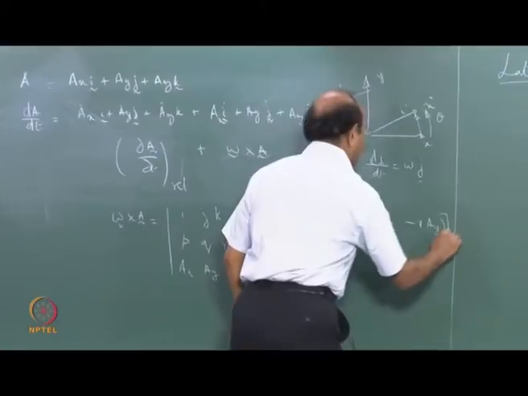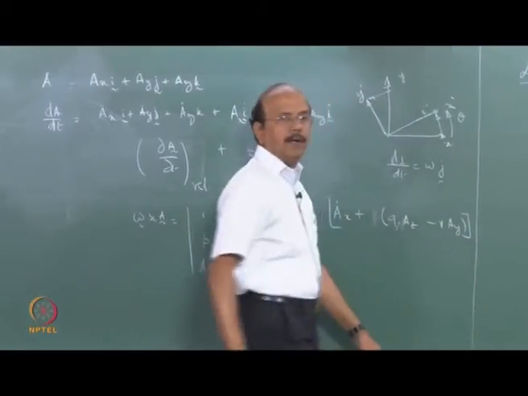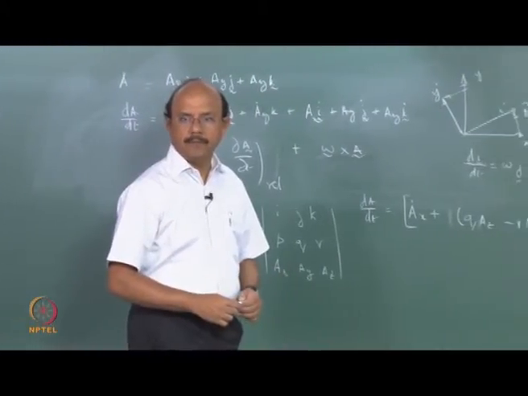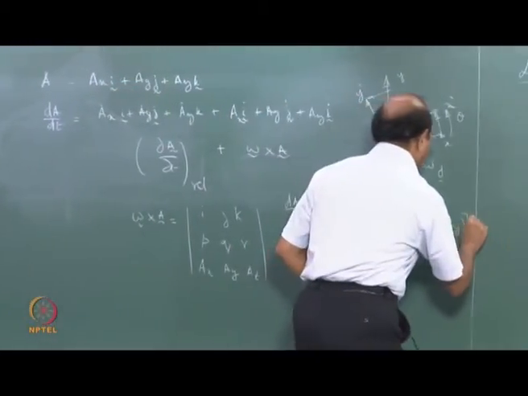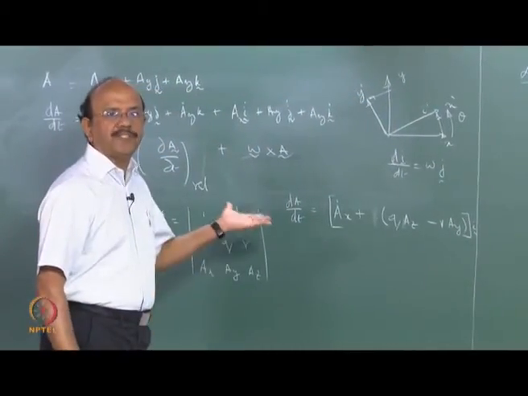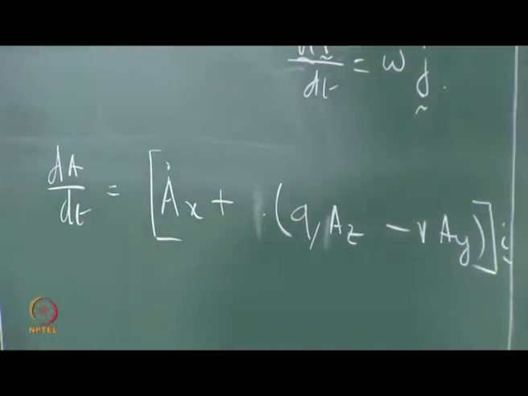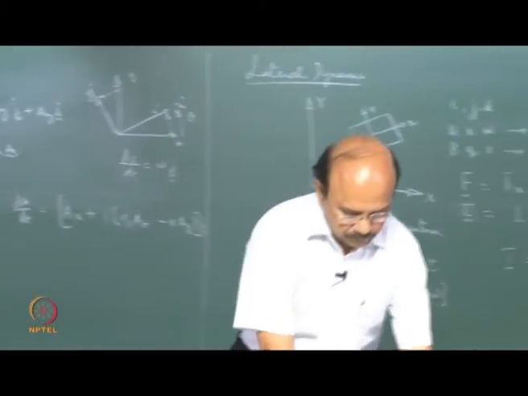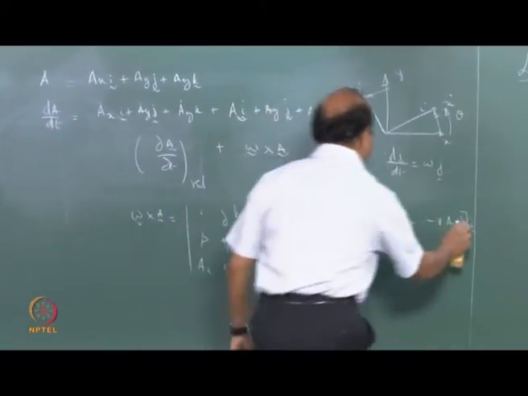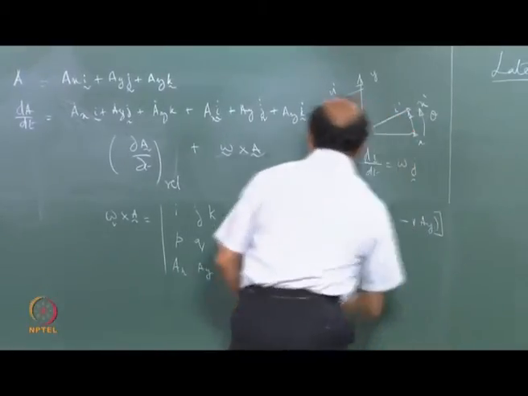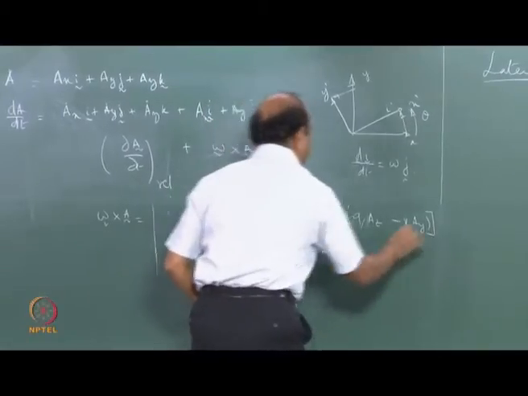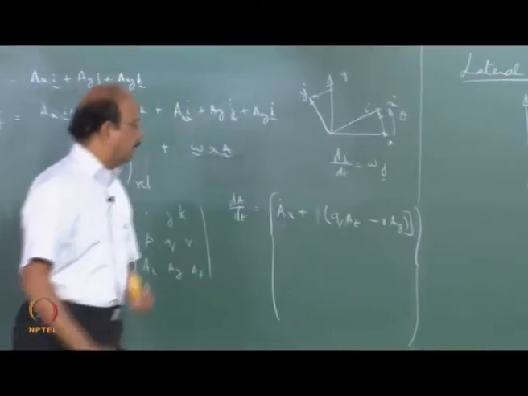The whole thing is i. Clear? If I want to express this as a vector, then I would remove that i and just write that as a vector, because after all, A is a vector.